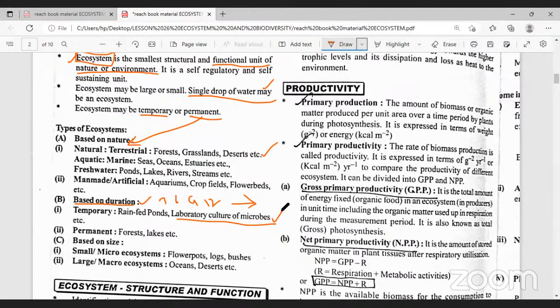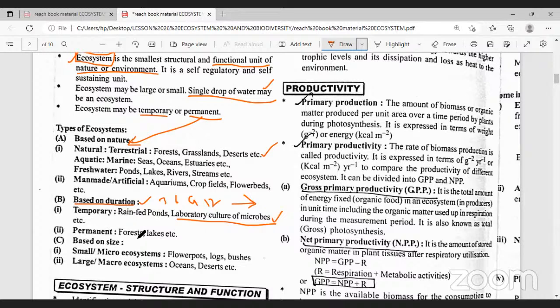They take a sample from you and after 24 hours, 48 hours, they collect the information. Some of them will grow up to 10 days or 15 days. Mushroom culture is also one of the laboratory cultures. Microbes, it's one of the processes. 6 months, take an example, COVID-19. These are all based on their duration.